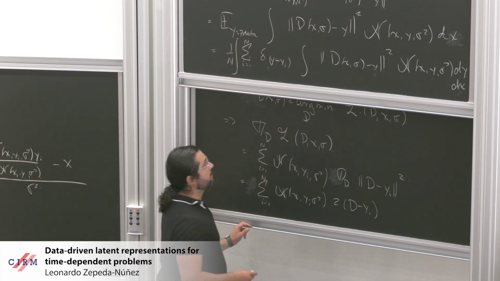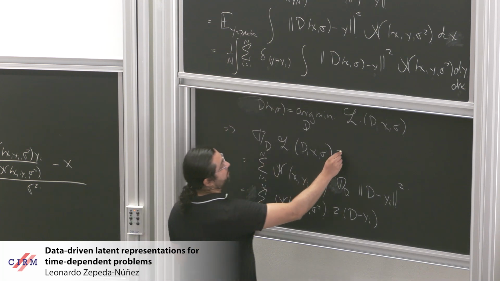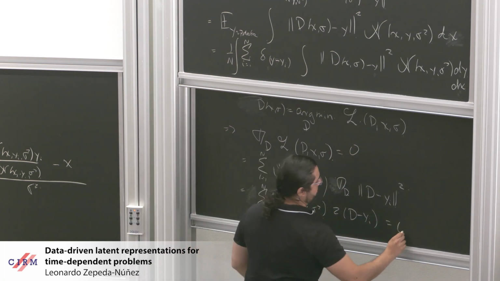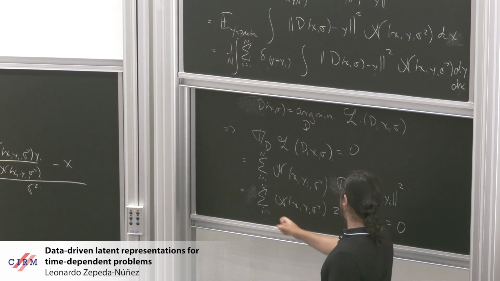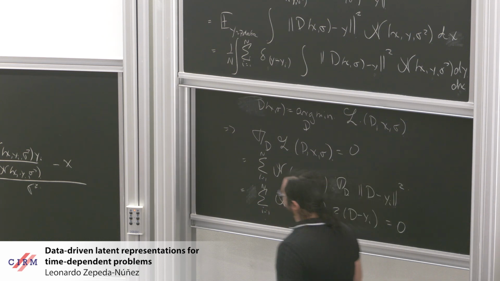Now, what else do you have? What is the condition that this has to satisfy? This has to be equal to 0. Now you can think what we can do. Take d, move it outside, take that one, move it to the right.